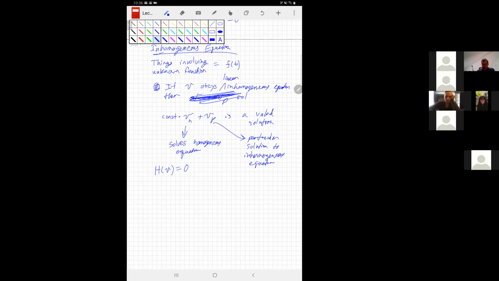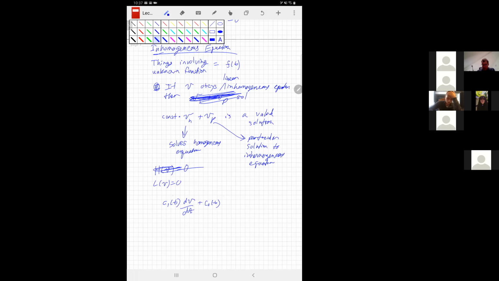If V obeys a linear homogeneous equation, then I will write that as L of V equals 0, because I can write a general linear first order homogeneous equation as C1 of t, something involving time, multiplied by dV/dt, plus C0 of t.